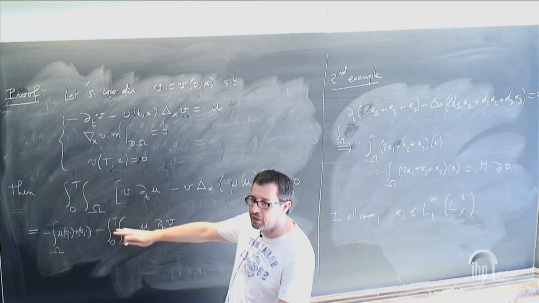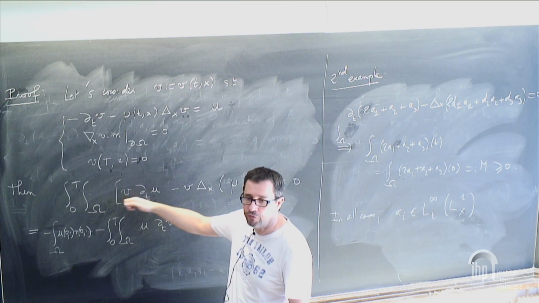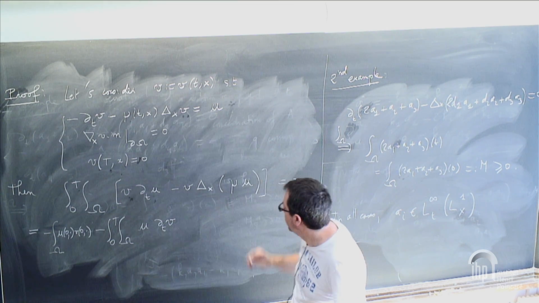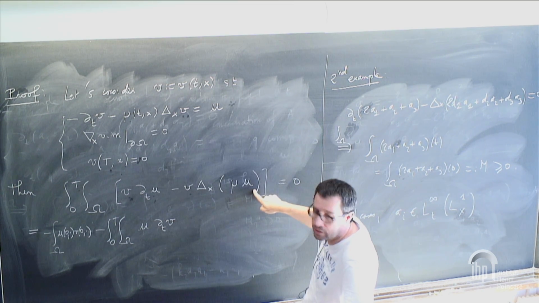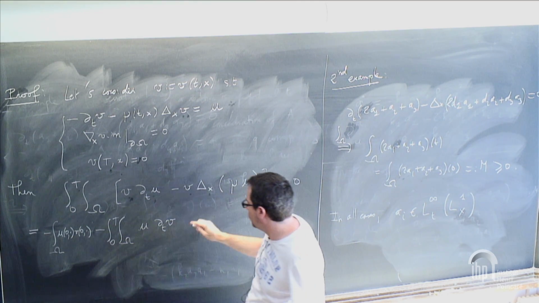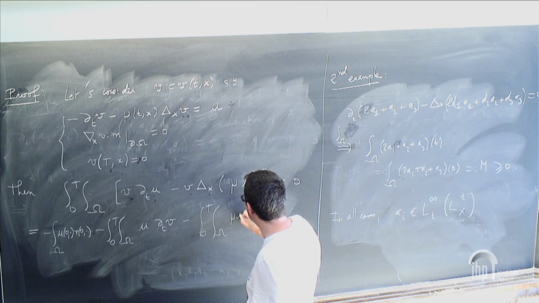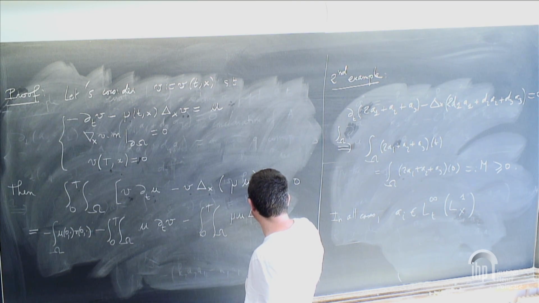Okay? So this is a part which is related to the integration by parts of this quantity here. And then I integrate by parts this one. So since I have a Laplacian here, I will get mu u Laplacian v, like this.